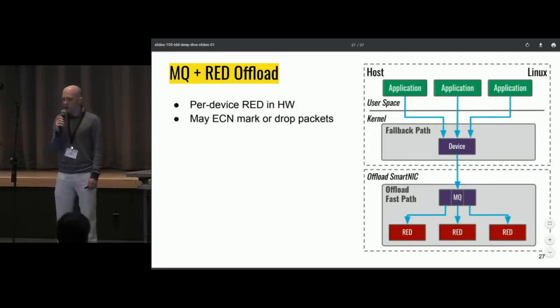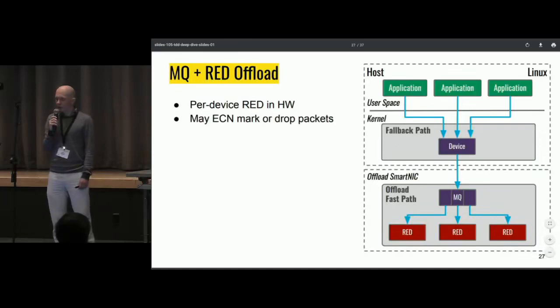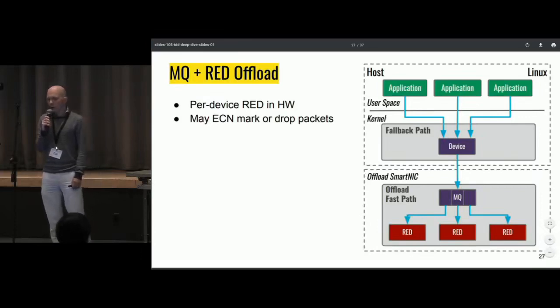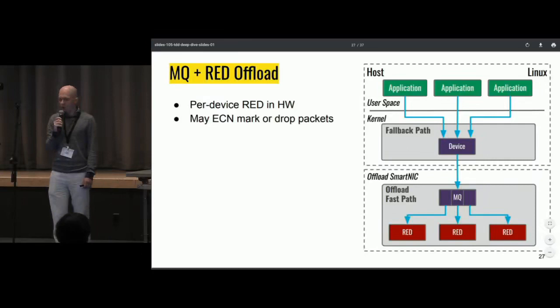So in this particular case, we have different applications, and by some kind of selection mechanism, they are allocated to different queues, and each queue has a different RED instance running on it, and this could mark the packets or drop the packets if they're exceeding a certain rate, and so on. And this, of course, is not limited to RED. I just use this particular example.